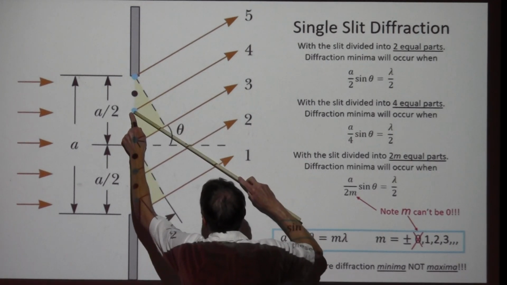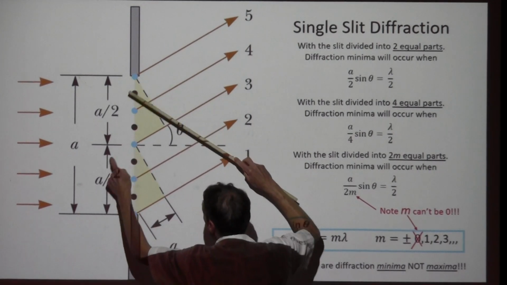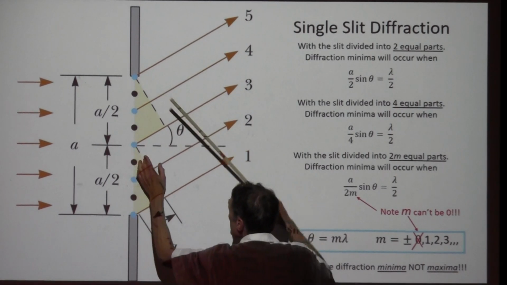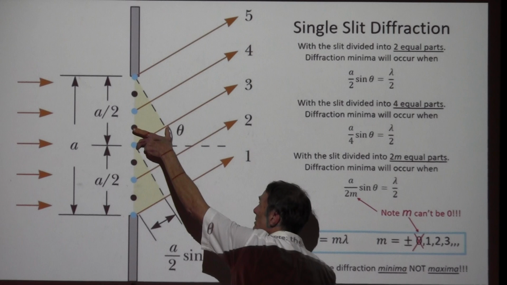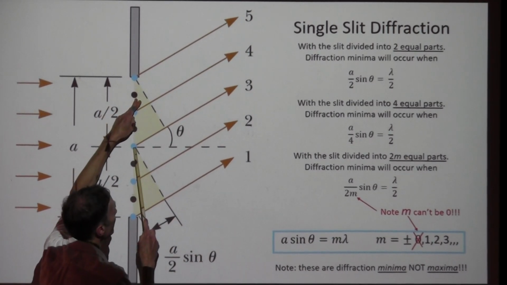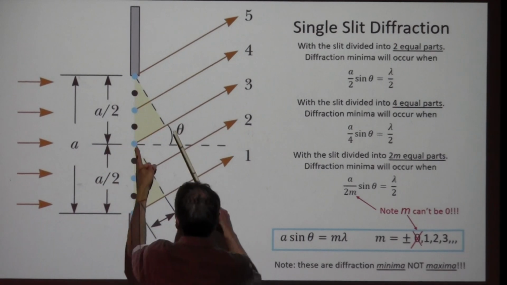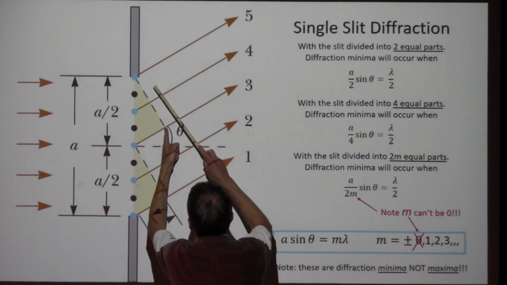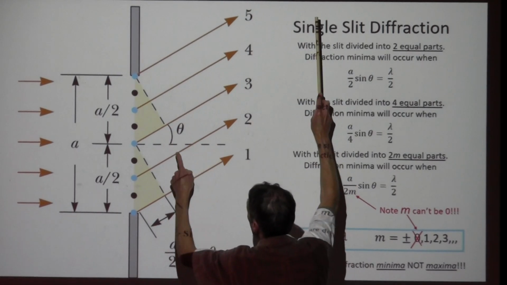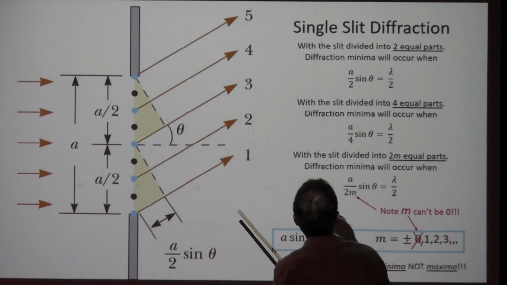Between this radiator and this one, if they are a half a wave out of phase, meaning that this distance, which is a over 2 times the sine of this angle, is a half a wave, then they will give me destructive interference as I go out to the screen, and it's going to be a dark spot out there.